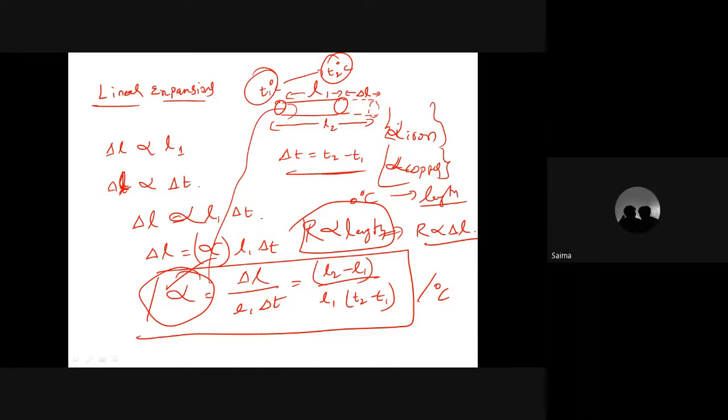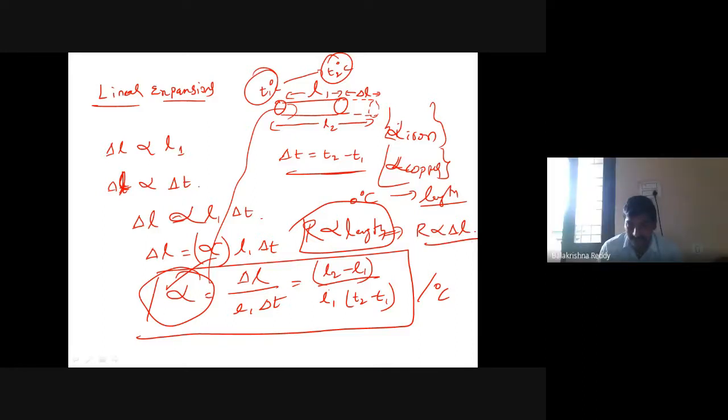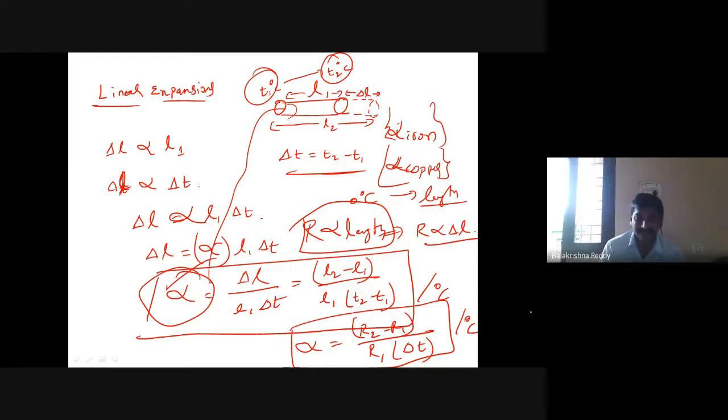So from this equation I can write L2 minus L1 as R2 minus R1, and R1 in place of L1, and T2 minus T1 is nothing but delta T as usual. This also gives the same unit, per degree centigrade.